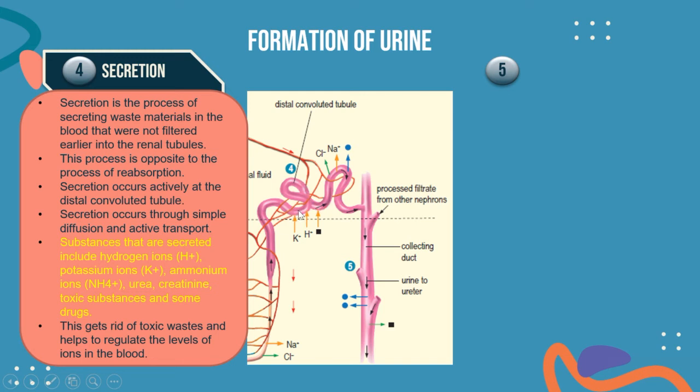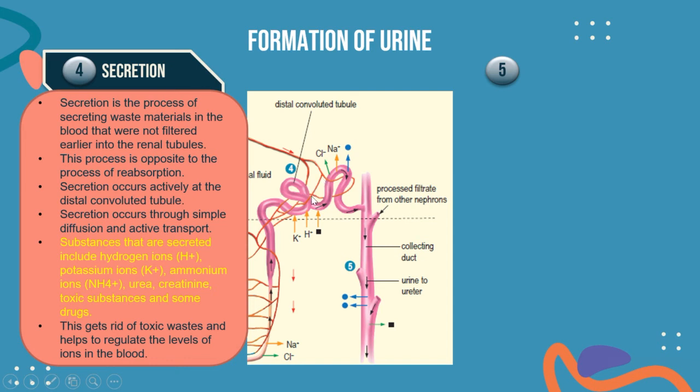The substances secreted are the hydrogen ions, potassium ions, the urea and the creatinine, which will enter into the distal convoluted tubule from the blood capillaries.